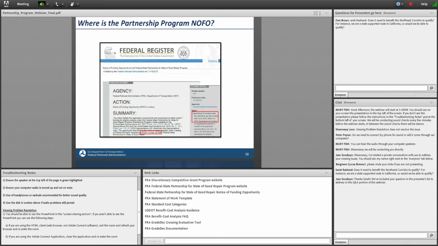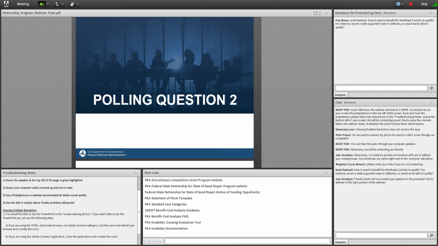So make sure that you give yourself lots of time to apply for the grant program. Also, another thing that I've highlighted here is the CFDA number. You can use that number for future use in the application process to find out more specific information about the grant program.